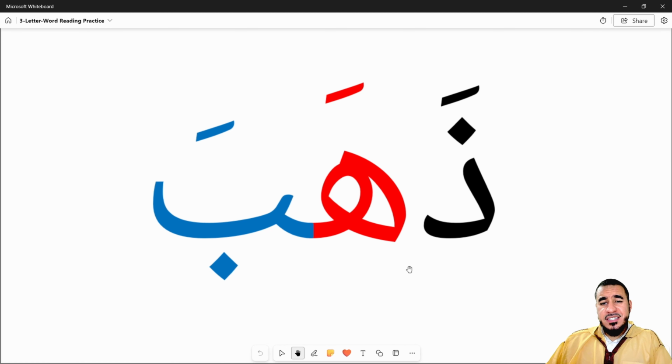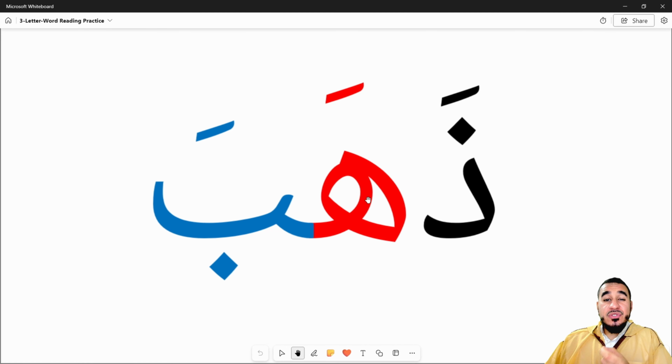The answer is because the dhal does not allow for the next letter to physically attach to it. Okay? It doesn't allow for the next letter in the word to physically attach to it. So therefore, the ha will be written as it is at the start of a word.